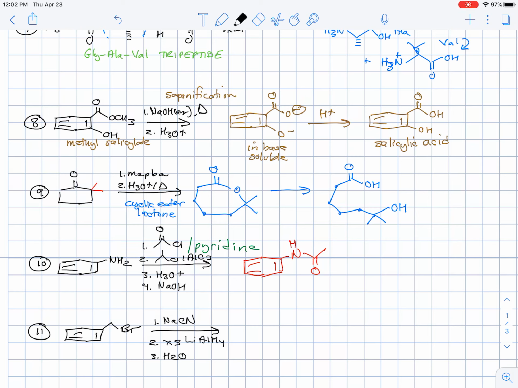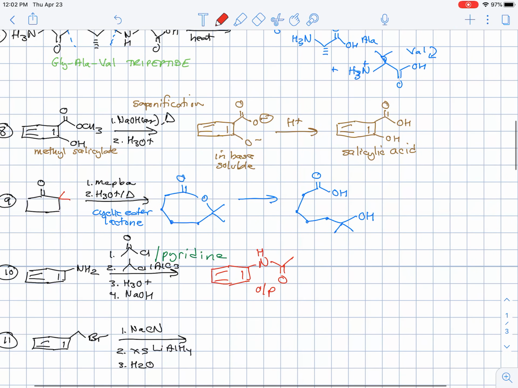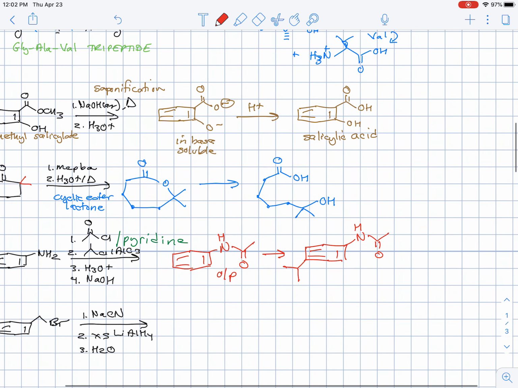I'm going to get rid of that highlight because it's kind of dark, but we're going to do a Friedel-Crafts. And what we have here is an ortho-para director, so we'll get mostly para product. And we're going to put an isopropyl group on.